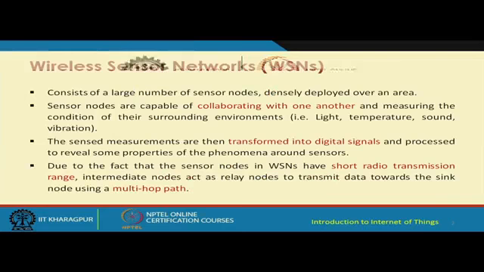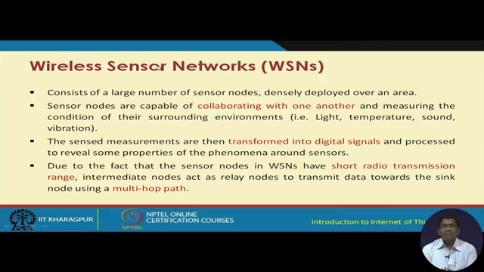So, let us look at the different basics of sensor networks. In a sensor network we have sensor nodes. Every sensor node has a sensing unit. The sensing unit senses the particular physical phenomena that it is supposed to sense.